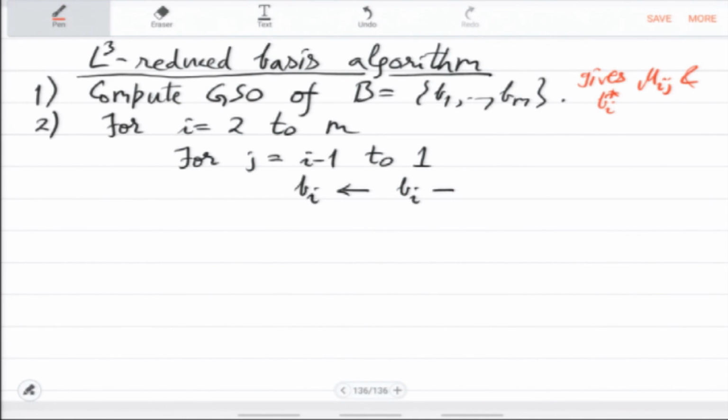They may not be integers. So as a first attempt, what we will try is we will round off mu ij to an integer and just remove that component.